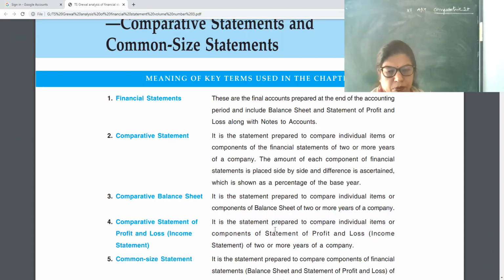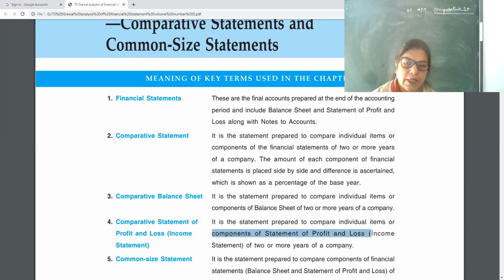Now one term is there: components of SOPL. What do you understand by components of statement of profit and loss? Please. Yes, very good. RFO, revenue from operation, other income, then TRFO, then expenses, then PBT, profit before tax.